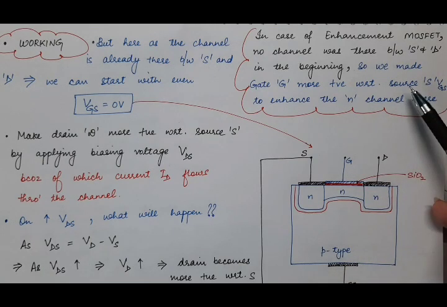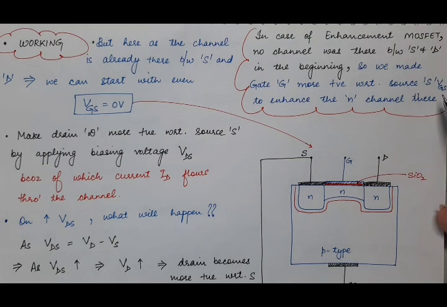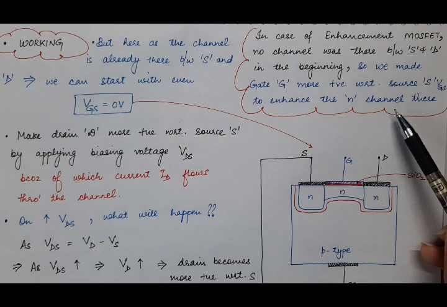But in case of enhancement type MOSFET, we cannot start with VGS equal to 0 volt. Why? Because only by applying positive value of VGS at the gate with respect to the source will the channel be created in case of enhancement type MOSFET.